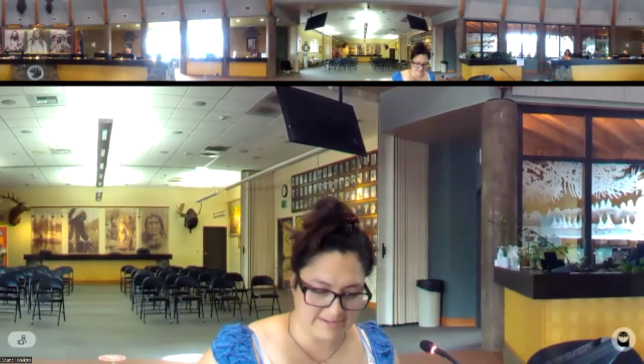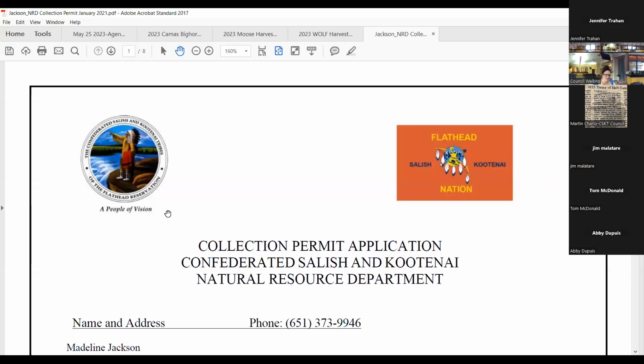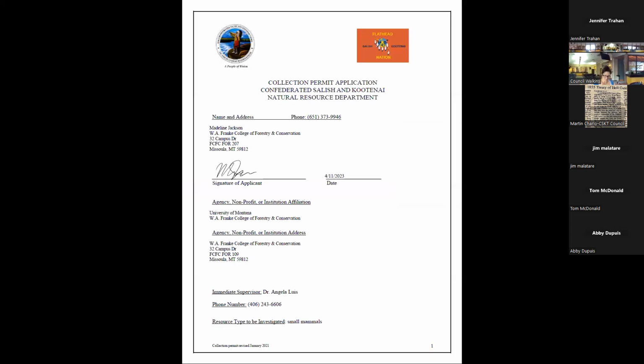Earlier this year, I brought in a University of Montana project for out by, not the Bison Range, the Buffalo Bridge area. They're doing the sampling of hantavirus in small mammals. So they were doing some small mammal trapping along the river out by Buffalo Bridge.